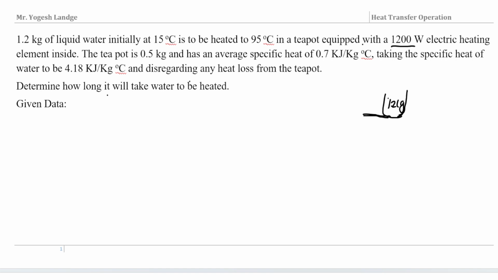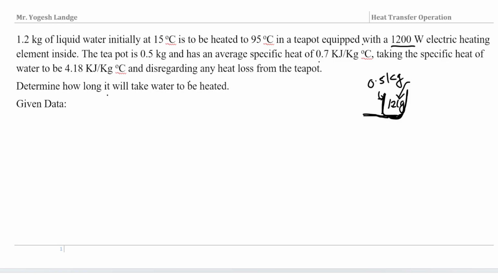It means the liquid, that is water, is poured into the teapot in a quantity of 1.2 kg, and the pot itself, which is the empty one, let's consider, has a mass of 0.5 kg.